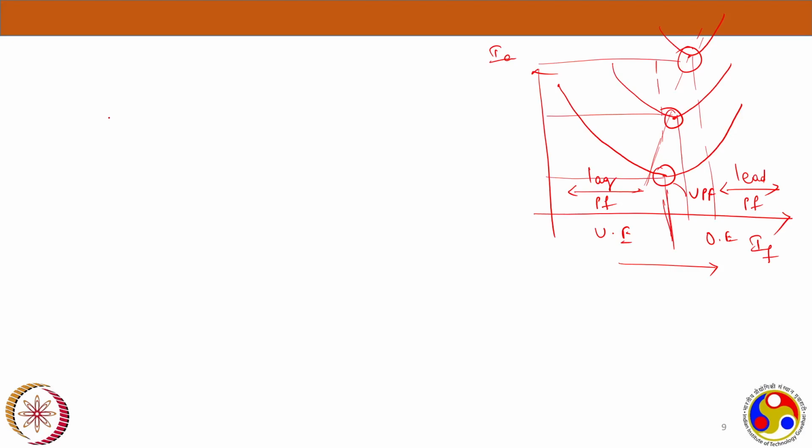Anyway, let's have a quick summary of the synchronous motor operation, just the same way we have looked at it for the generator. You can operate your motor in the over-excited, as well as in the under-excited mode. Over-excited will give you a leading power factor.